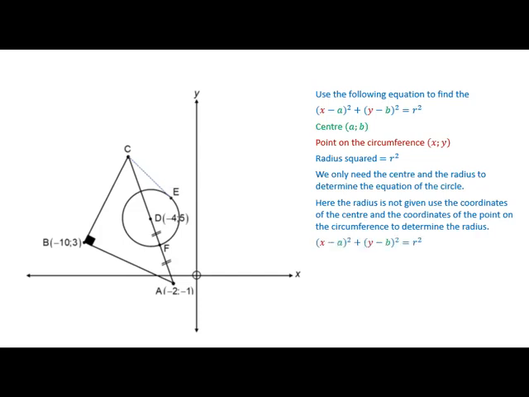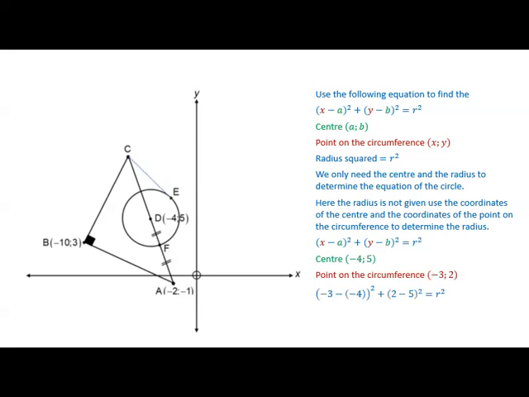Now, the only point that lies on the circumference is point F. The coordinates of the center are the coordinates of D, where x is -4 and the y coordinate of the center is 5. The point on the circumference has an x coordinate of -3 and a y coordinate of 2. Where there is x, I will substitute -3. Where there is y, I will substitute 2. Where there is a, I will substitute -4. And where there is b, I will substitute 5.